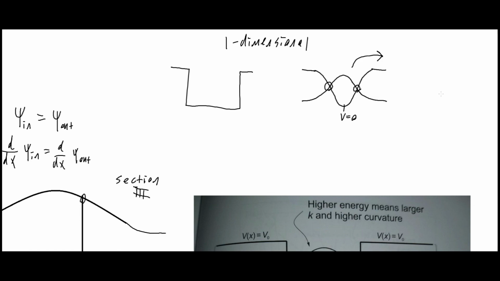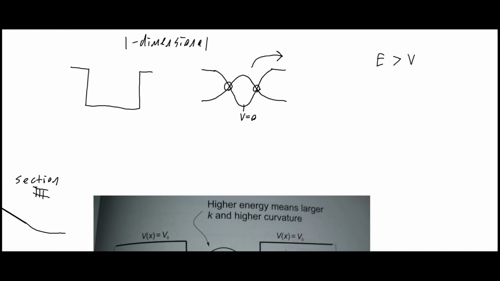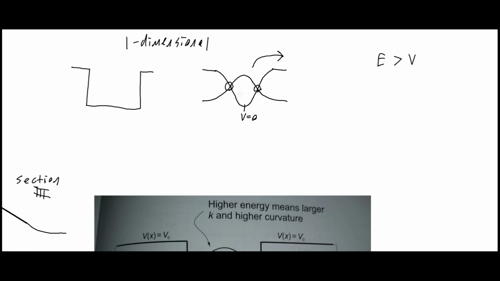After I talk about this harmonic oscillator, I will talk about a free particle, a particle where the particle energy is greater than the potential. The potential doesn't necessarily have to be 0, but that would be a particular case of the energy of the particle being greater than the potential. But anyway, that is the next video, where we'll talk about this harmonic oscillator potential. Then I'll talk a little bit about a one-dimensional free particle.